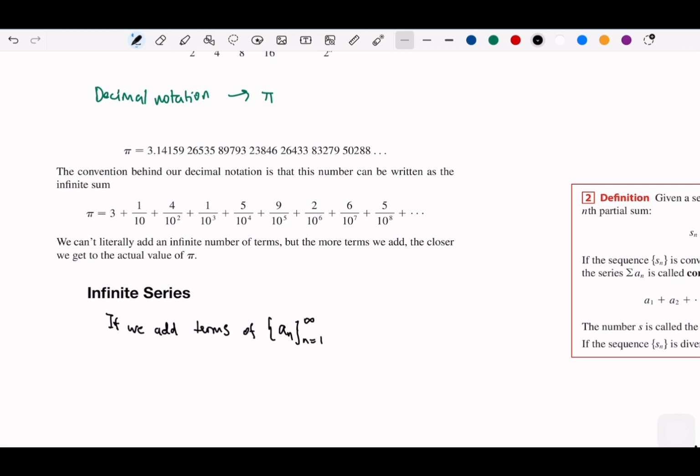We are going to get an expression a1 plus a2 plus a3 plus an, but it doesn't end, right? It doesn't end. We could get n plus 1, n plus 2, n plus 3, right? So it could take, let's say, forever. So a1 and until we don't know how much, right?